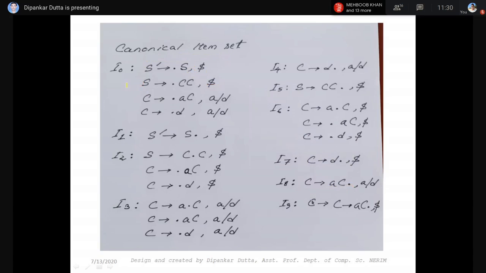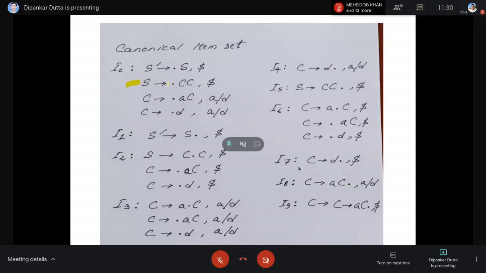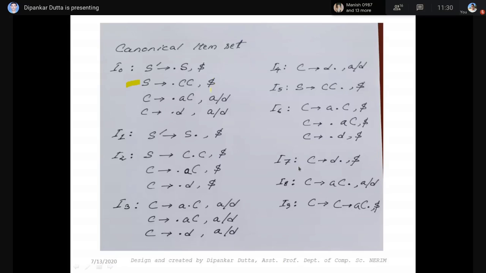Similarly for this particular production, S implies dot CC comma dollar, because we have already calculated this dollar from here. First of beta dollar. So now for this production we have two closures. For dot C we have these two closures here. C implies dot AC, C implies dot D. Then what will be the look aheads?